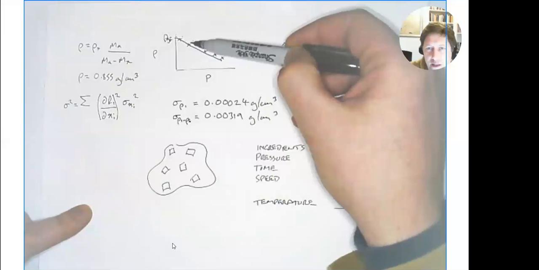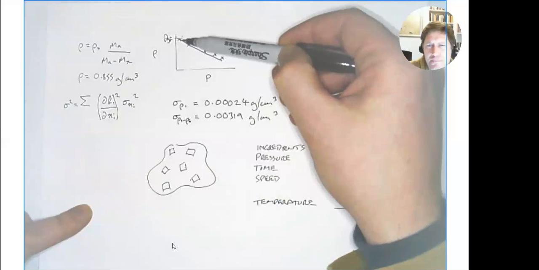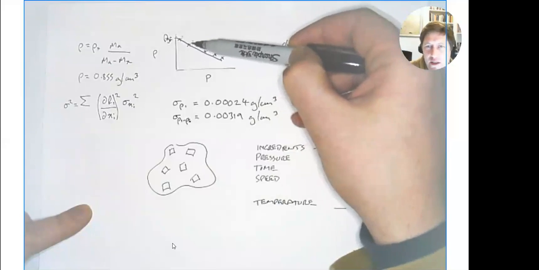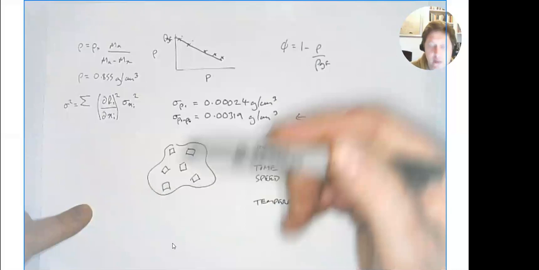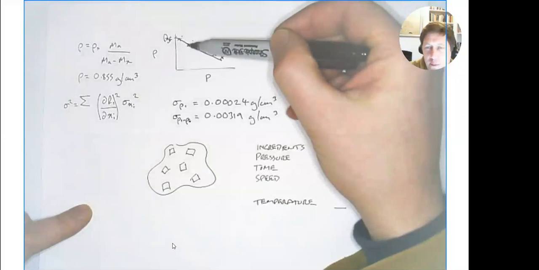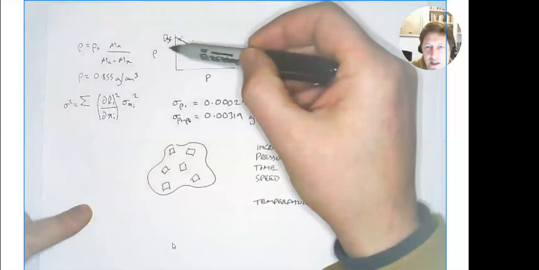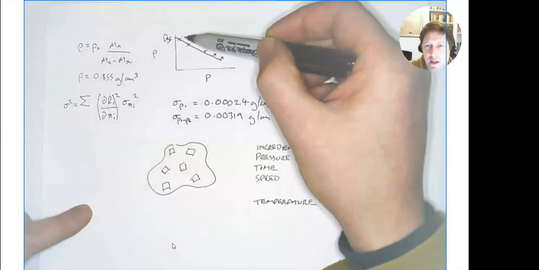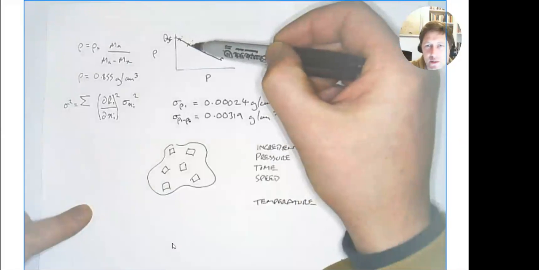We've got a different mean and a different uncertainty. Each of these is based on 6 measurements, so we've got a separate variance for each of them. How sure can we be that these are actually representative of samples from 2 different populations, rather than both being samples from the same population? If actually there isn't a trend in density here with pressure, the density is always going to be about the same, and there's just some random difference between 2 different samples that were taken. So how can we assess that?